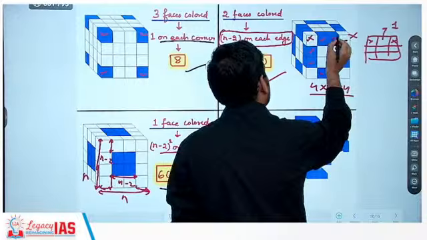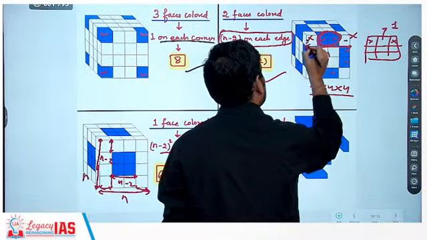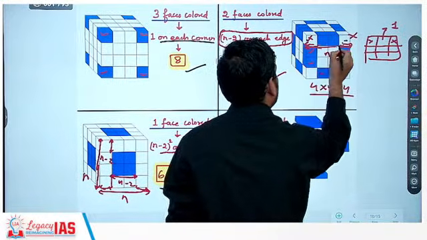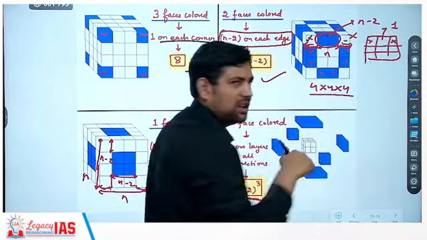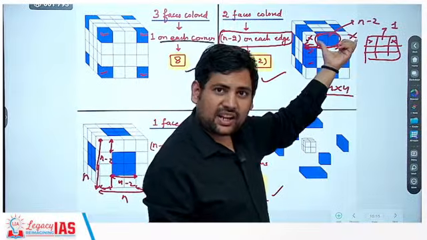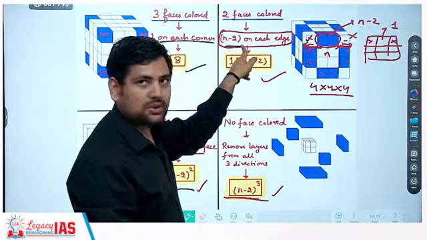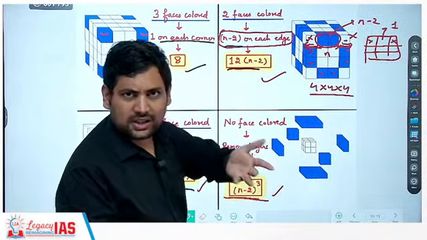Only whatever is in the middle remains. So if this whole length is n, I remove one from here and one from here. What do I get here? I get n minus 2. Why? Because from n I removed these two corner ones. So this is for one edge, but how many edges do you have? You have 12 edges. So this is n minus 2 on each edge. If you multiply it with 12, you will get 12 into n minus 2.